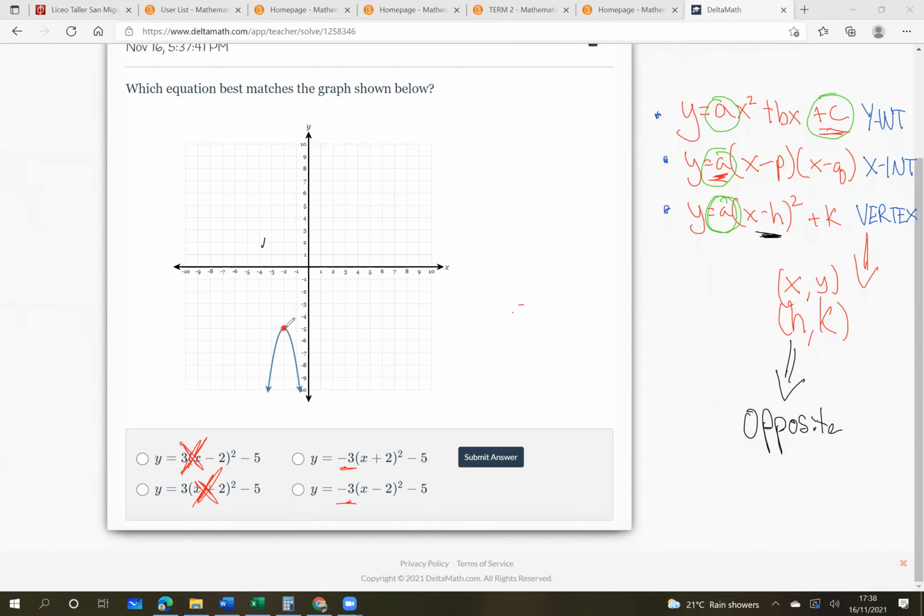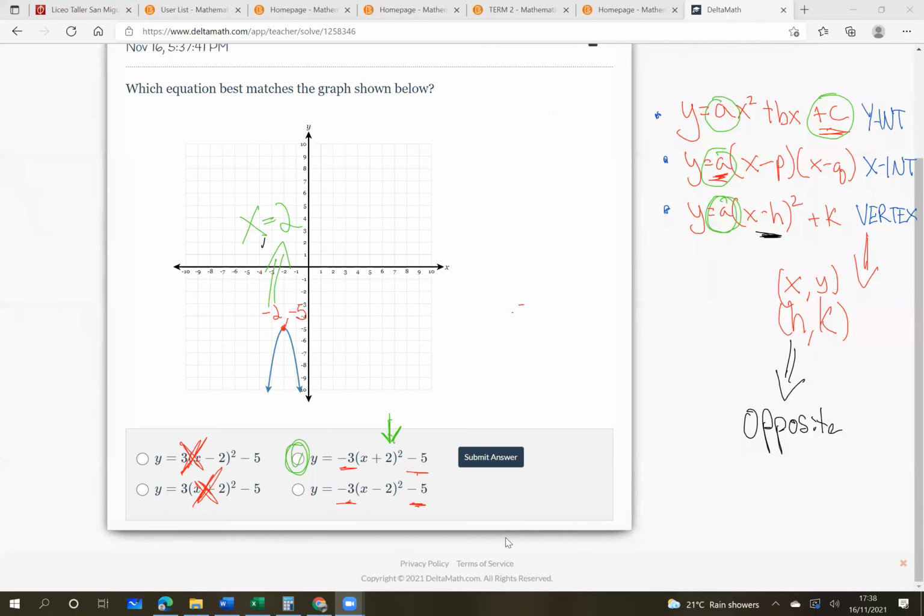So what's this point right here that we have? Clearly, it appears to be -2, -5. Well, the k is always going to be correct, -5. I got that here and I got that here. But the h is my vertex for the x coordinate, and if that's -2, x therefore is going to have to be +2, meaning it has to be, boom, this one, right?